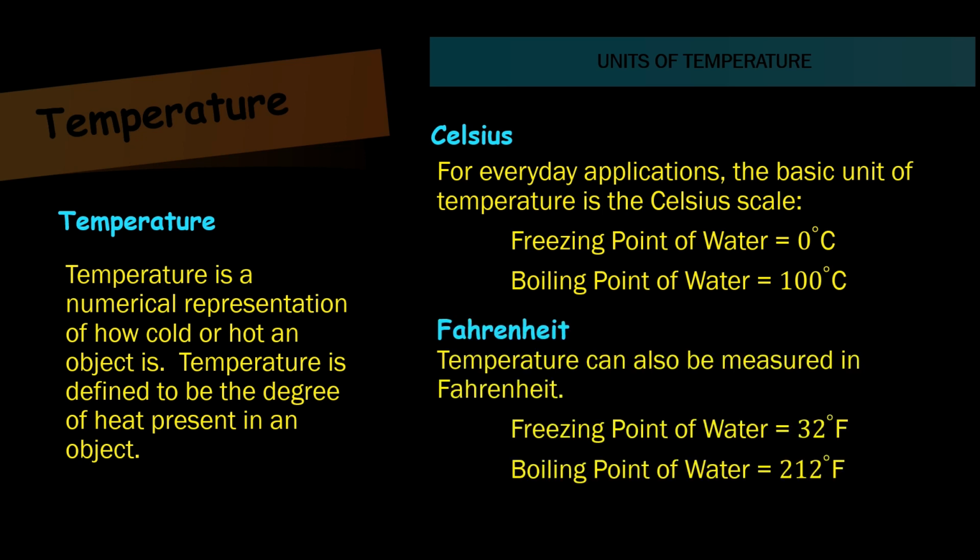The second basic unit for measuring temperature is Fahrenheit. The freezing point of water on the Fahrenheit scale corresponds to 32 degrees Fahrenheit, and the boiling point of water corresponds to 212 degrees Fahrenheit. The distance between these two is divided into 180 equal intervals.